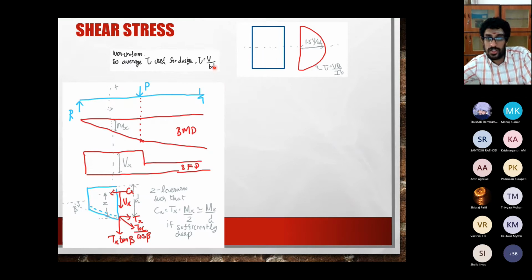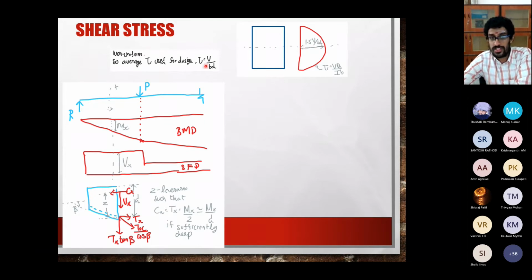And this is, I told you, how shear stress variation will look. So if you have a rectangular section, at the top and bottom, your shear forces will be 0. Shear stresses will be 0. And at the middle or at the neutral axis, where your flexural stress is 0, at that point you have your maximum shear stress.